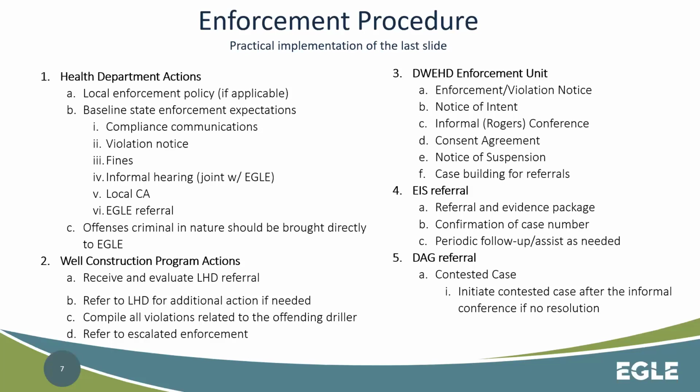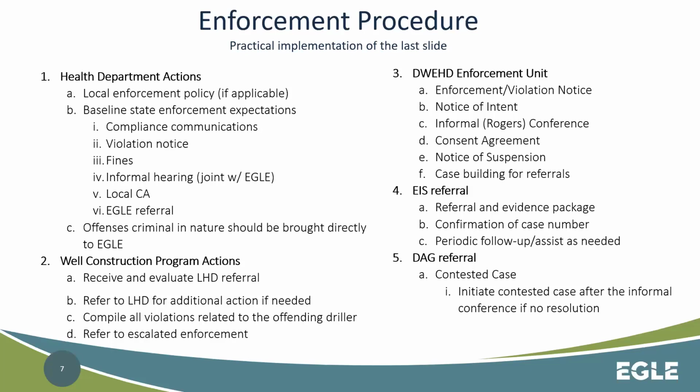During that conference, we can talk about a consent agreement and enter into a legally binding agreement that has fines and addresses their violations, and it generally puts them on a probation period. Normally we do 4 years, but we can adjust that based on the specifics of the violations.